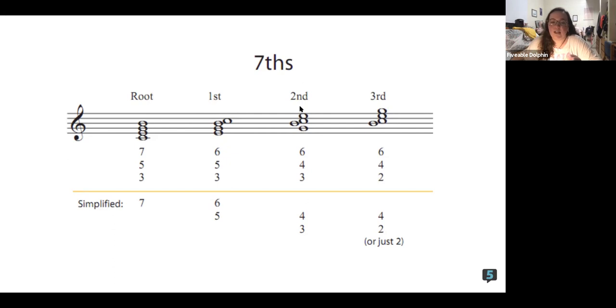Second inversion is notated by 4, 3, and the first and the third are now on top, and the fifth and the seventh are on the bottom. So when you're looking at inversions, just remember, root position, first scale degree is on the bottom. First inversion, third scale degree is on the bottom. Second inversion, fifth scale degree, and then when you're in third inversion, the seventh scale degree is going to be on the bottom.